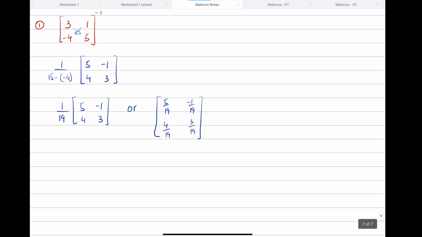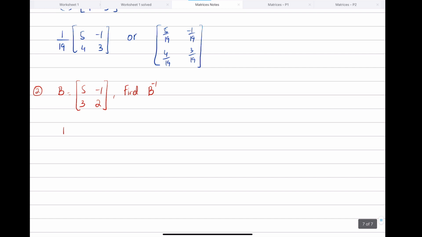Okay, let's do another example, and then I'll take your questions if you have any. So let's say you have matrix B, which looks like this: 5, minus 1, 3, and 2. And you have to find B inverse. So 1 upon 5 into 2 is 10, minus 1 into 3 is minus 3.